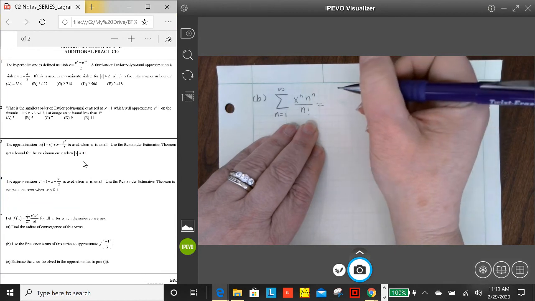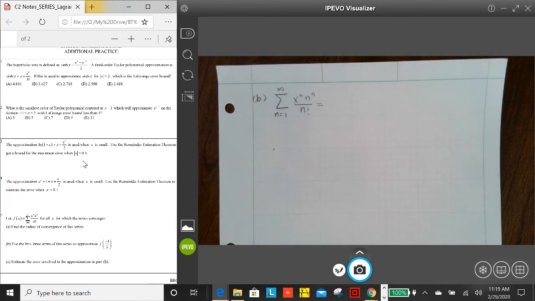So I'm going to expand this, and I get what happens when I plug in n equals 1.